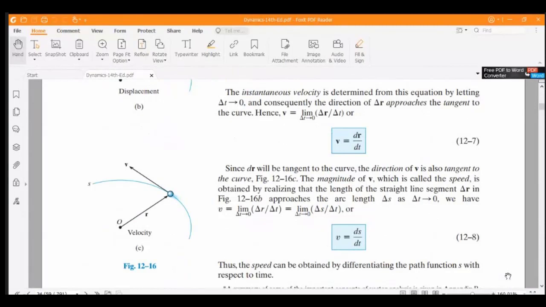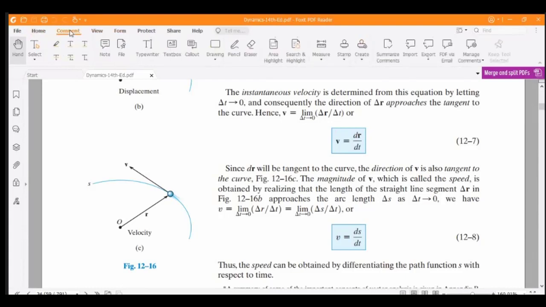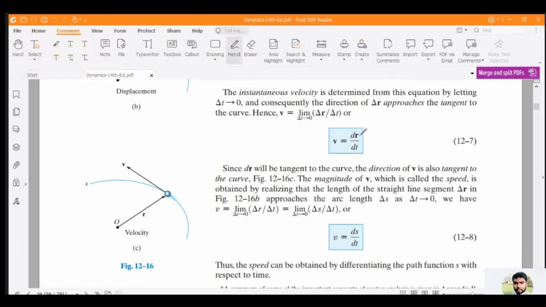Do you know how we can write this r? Because here you see r is a bold letter, right? Bold letter. So how can we write it when we are writing in a script or somewhere else?